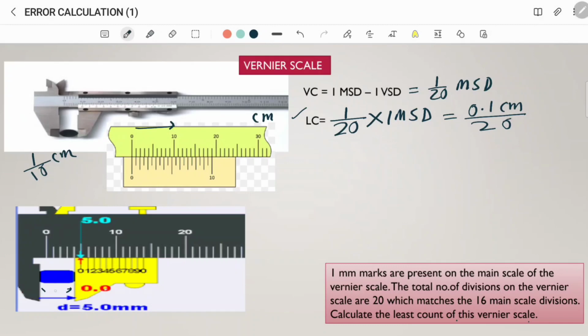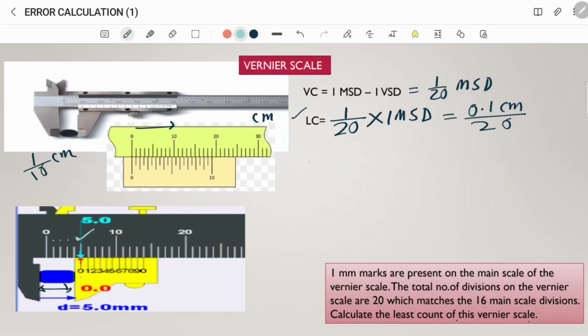How can we measure the size of the object using this? Look at this object. We will first look for the main scale reading. So the main scale reading is the point where the 0 of the vernier scale coincides with the marking on the main scale, and this is 1, 2, 3, 4, 5.